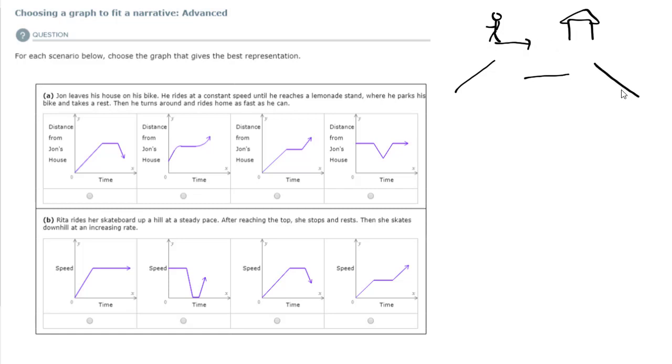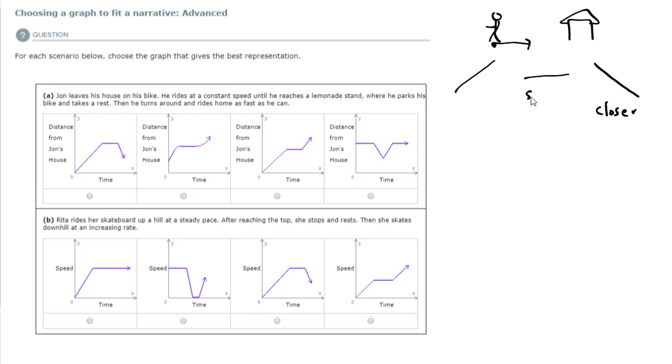That would mean it should match up with this one. So a decreasing slope would mean that I'm getting closer to the house, right? My distance from the house is getting closer. In this case, if it's the same, that means my distance from the house is unchanged. That means I'm in the same exact spot. I'm right here. My distance is not changing. It's the same.